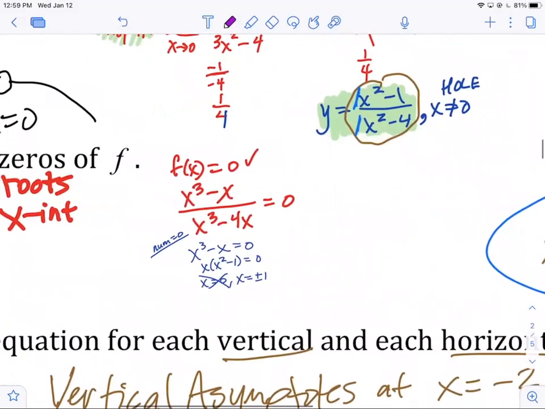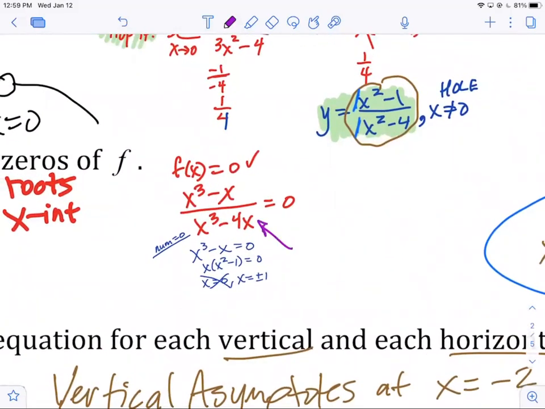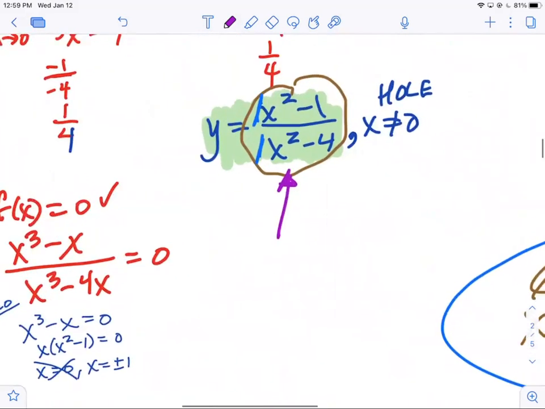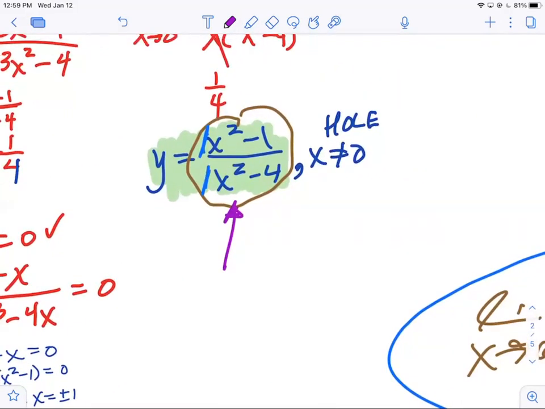So let's come back up here to this version. We don't need to worry about 0. We're well to the right of 0. This version is easier to use. What do you get when you plug in a value that's just to the left of x equals 2? And remember what I said, just to the left would be like 1.9. What do we get in the top? 1.9 squared is bigger than 1.